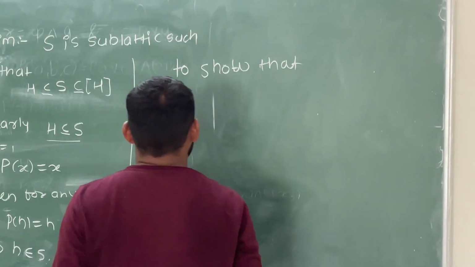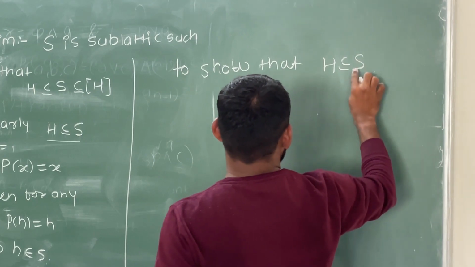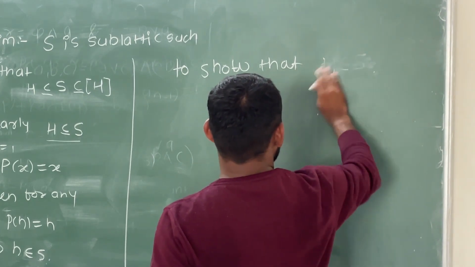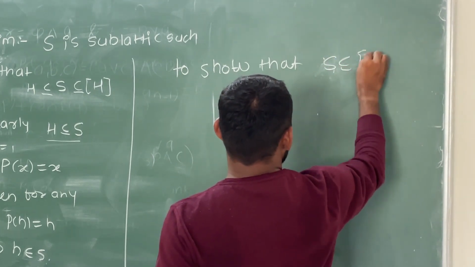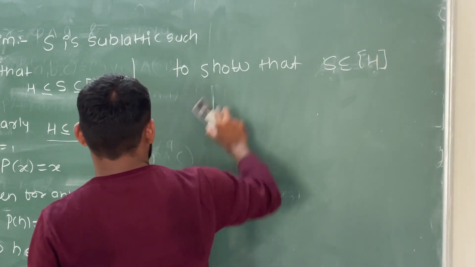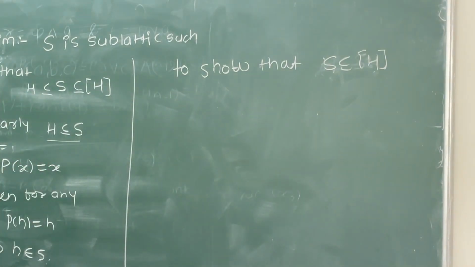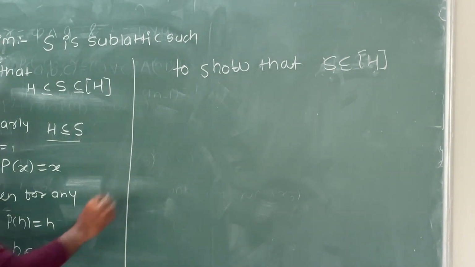Don't write anything. To show that S is contained in square bracket H, how will we show that one set is contained in the other? Take one element there and show that that element is there.